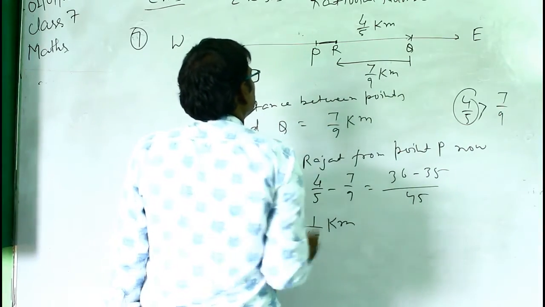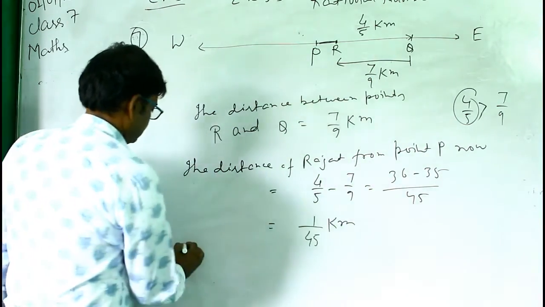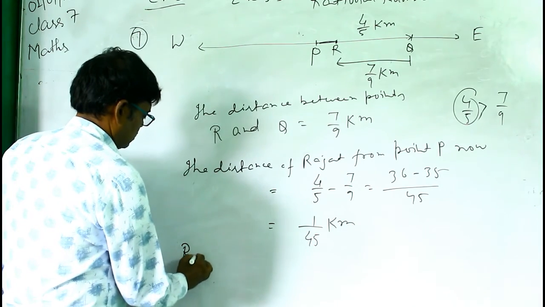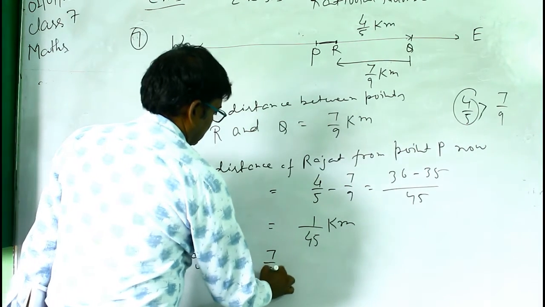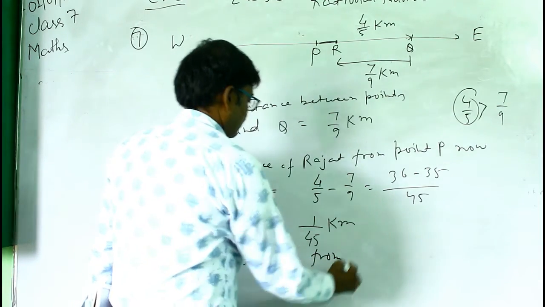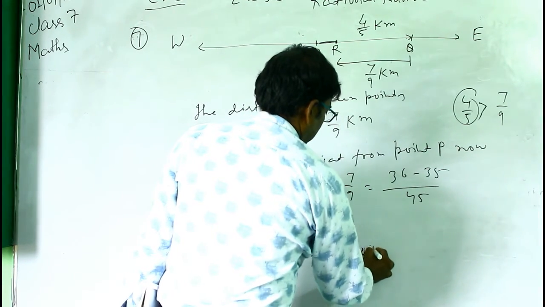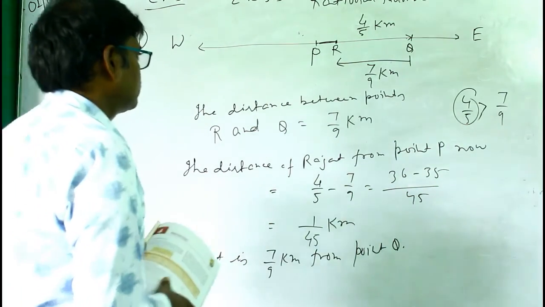From point Q, Rajat is 7/9 kilometer. So this is the answer of this question.